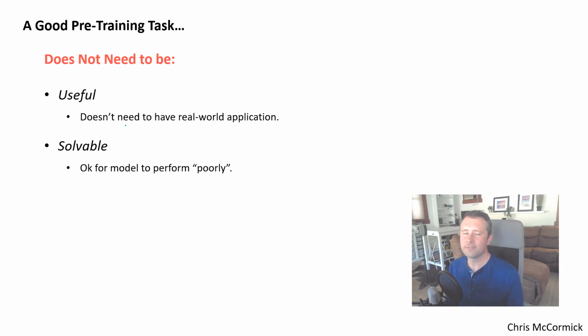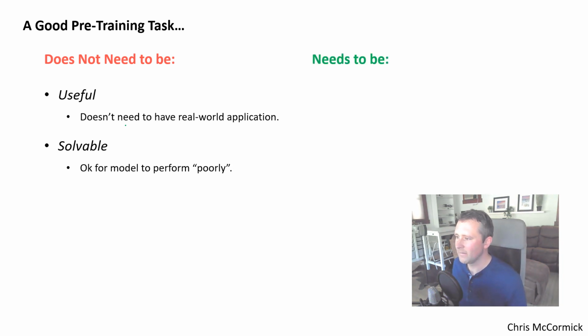So it's fine if BERT only gets the answer right 30% of the time. I don't know what the actual accuracy is on the masked language model, but really what we care about is we want it to be doing its best on the task, and we want it to be learning a good understanding of language as a byproduct of trying to solve this potentially very difficult task.